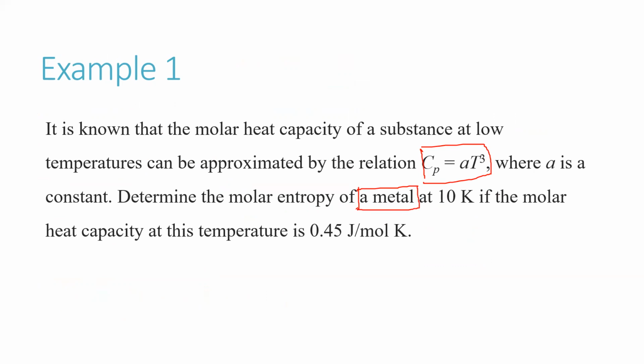We don't know anything. So if we go on to calculate the entropy, or the enthalpy, we'll need a reference state. But since we do not know what kind of substance this is, what metal this is, we won't be able to easily define the reference state, right?